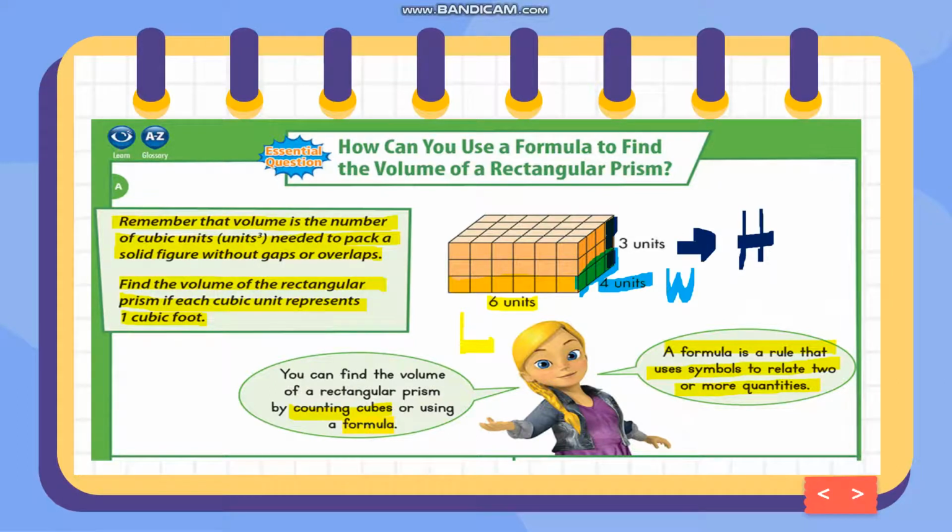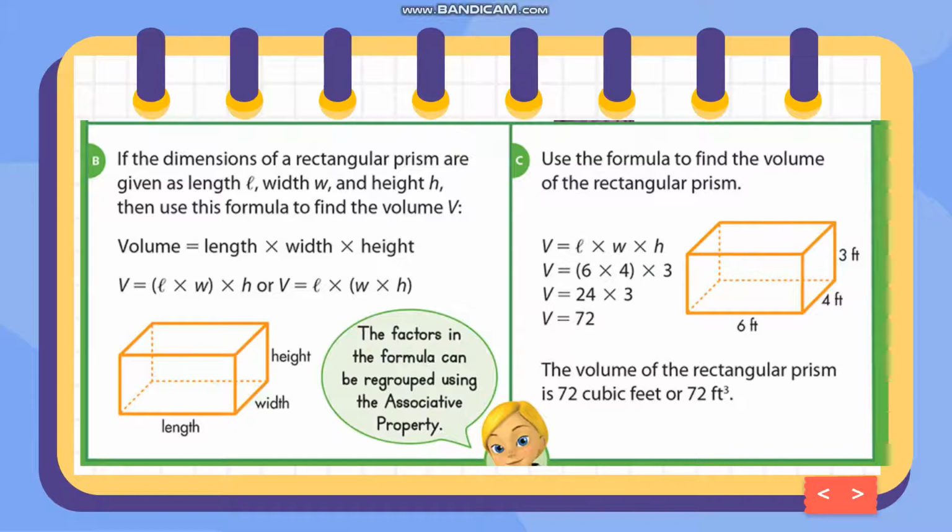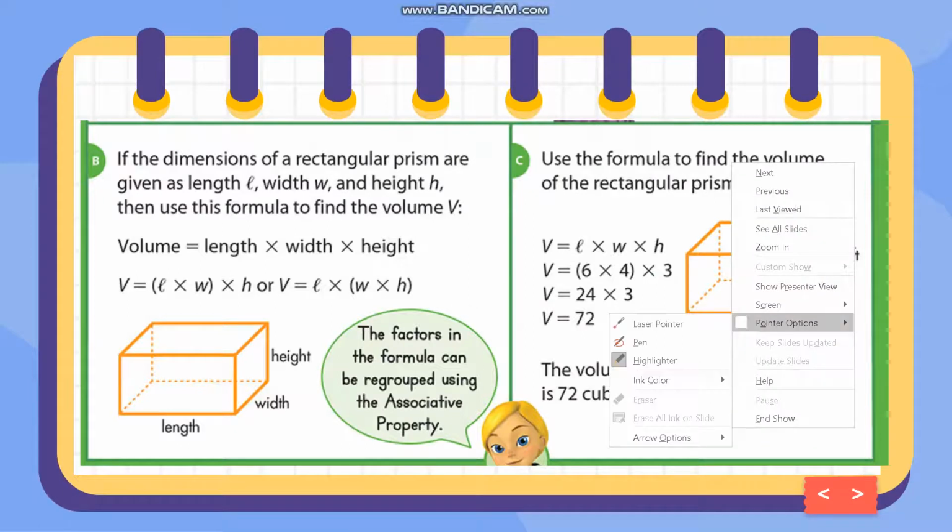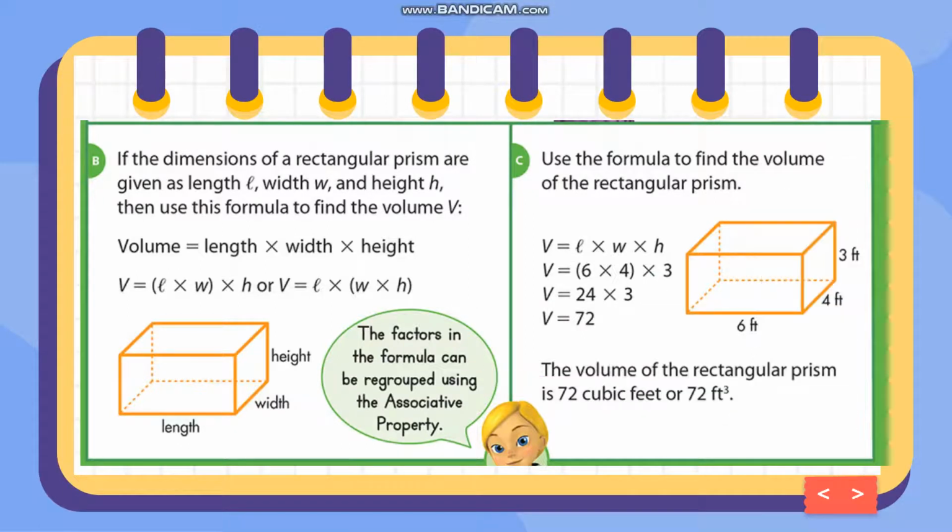Now, how do we find the volume of this rectangular prism? Using the formula given, the formula is volume is equivalent to length multiplied by width multiplied by height. The factors in the formula can be regrouped using the associative property.